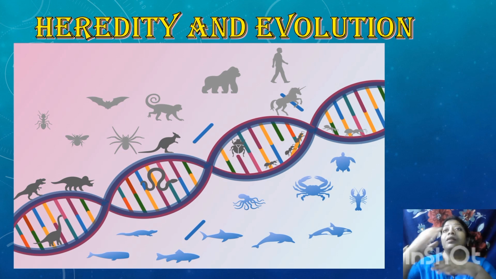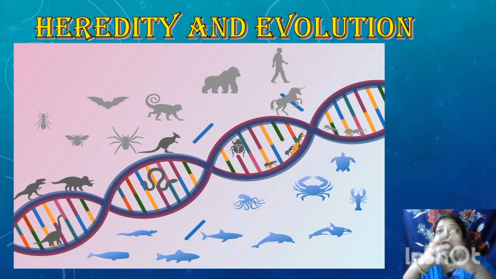This is the process of reproduction, that is, asexual and sexual reproduction. Sexual reproduction is normally seen in animals and in human beings, and a lot of variation is seen, because it is the union of one sperm and one egg.